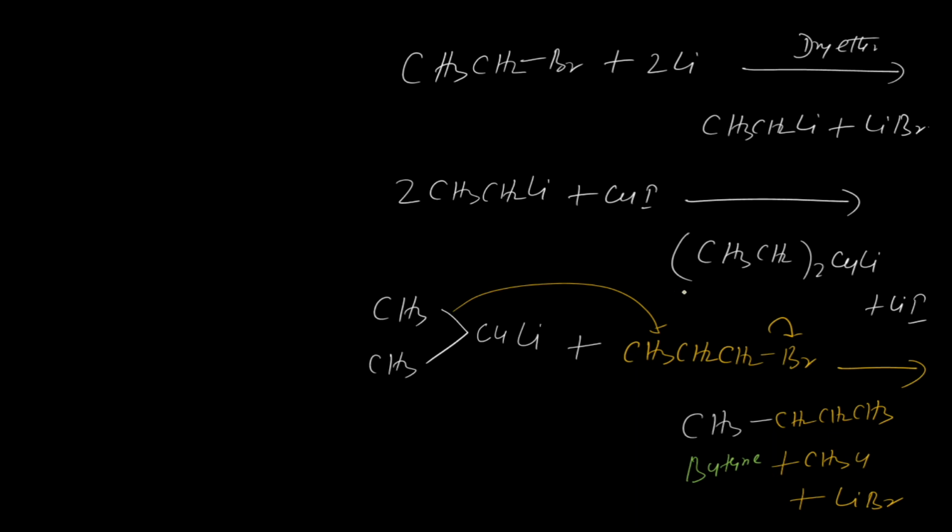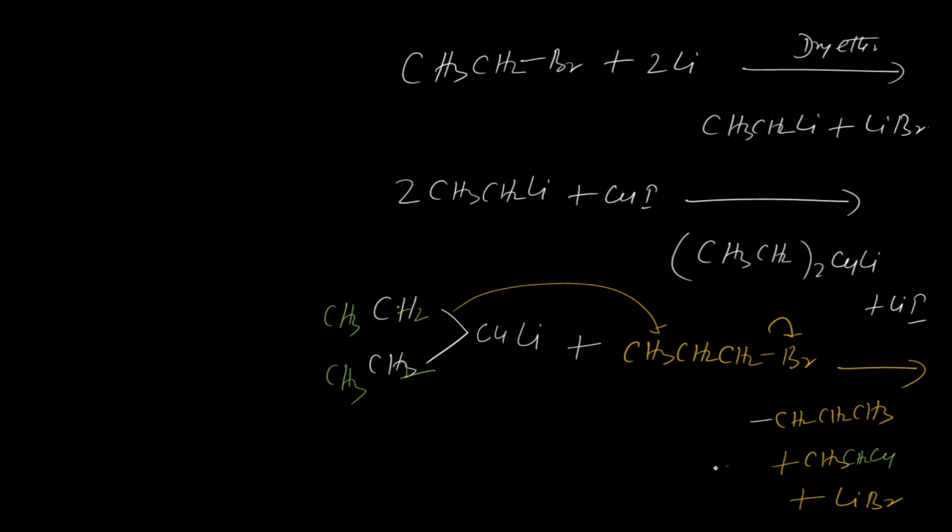I think I made a little mistake over here. I have taken methyl over here, but basically this is ethyl, CH2CH3. So you also have to take CH2CH3. So your product will be what? It will be ethyl copper, CH3CH2Cu, and this will be the product.